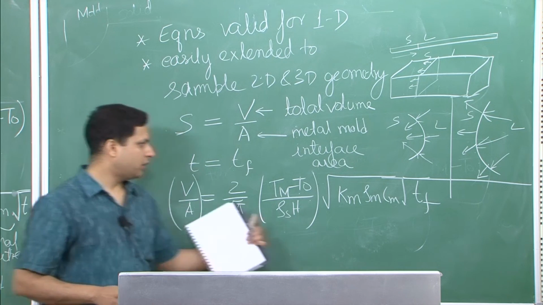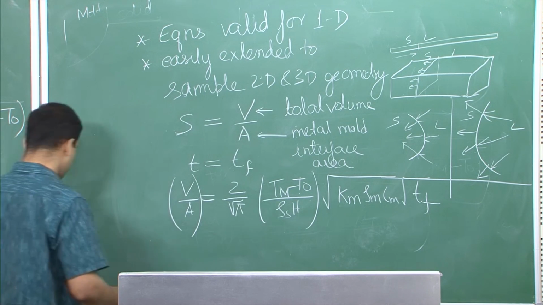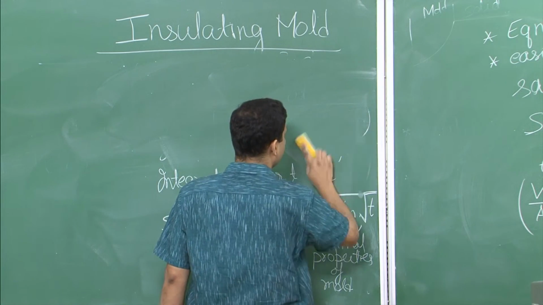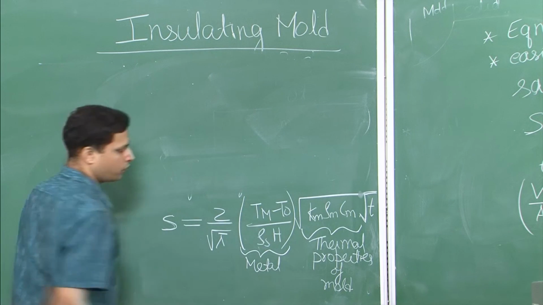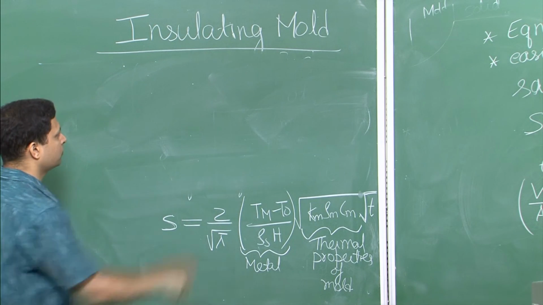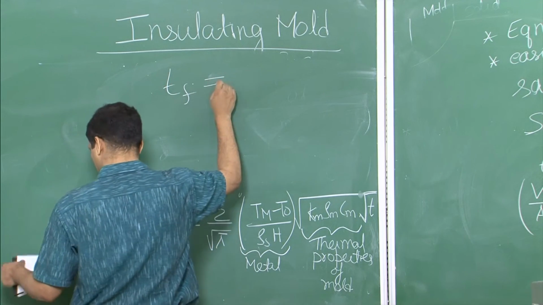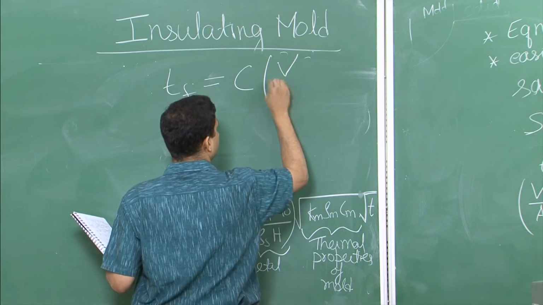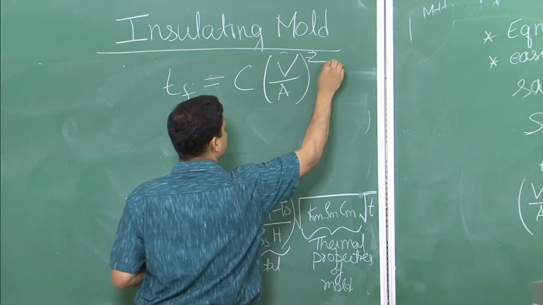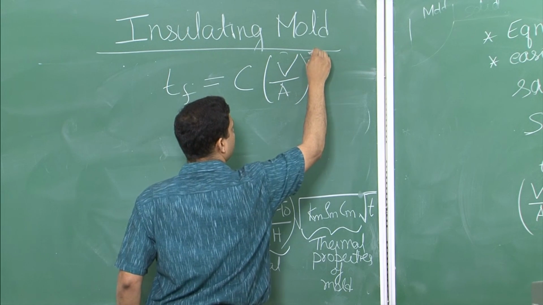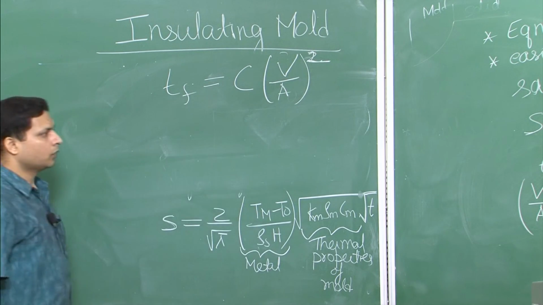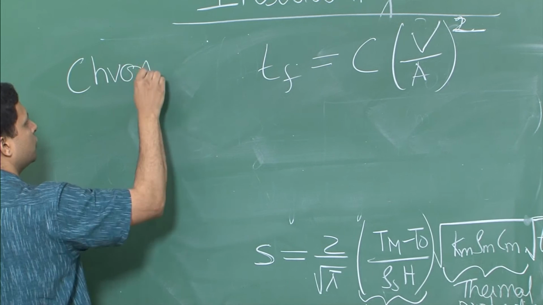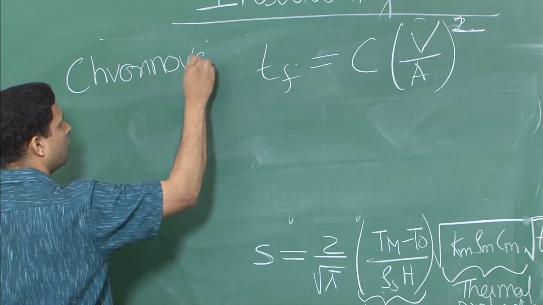So V over A will be proportional to Tf, or in other words, let me erase this part to write what will be called Chvorinov's equation. So this is what is called Chvorinov's rule or equation.